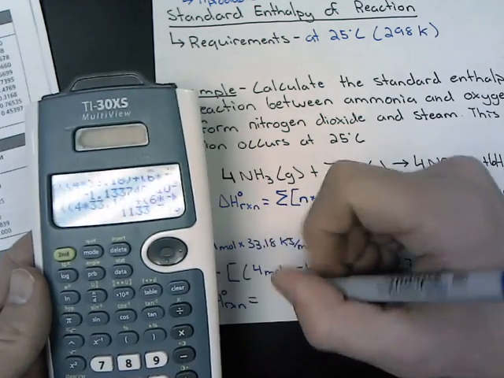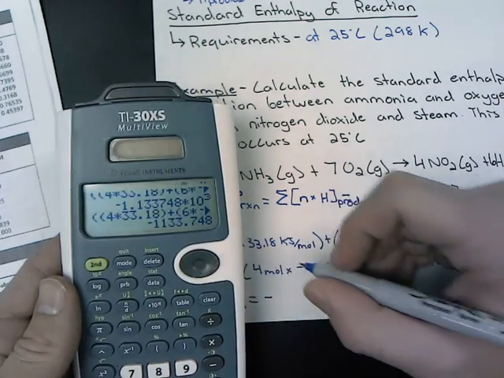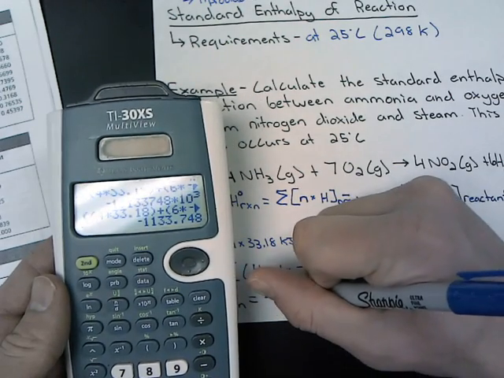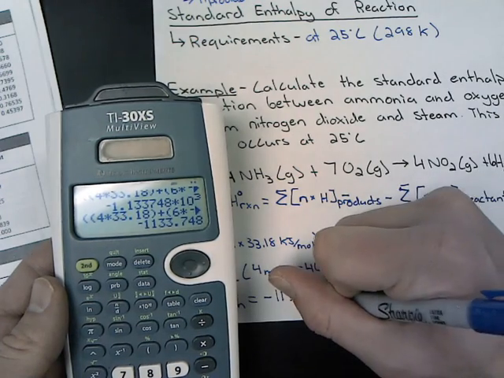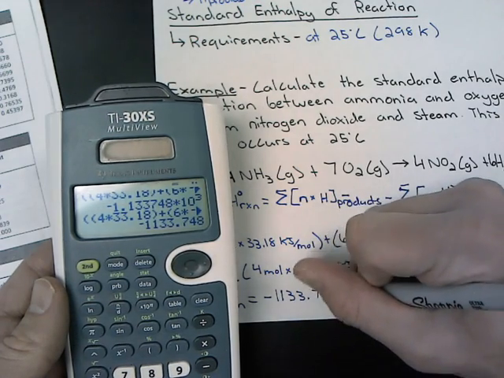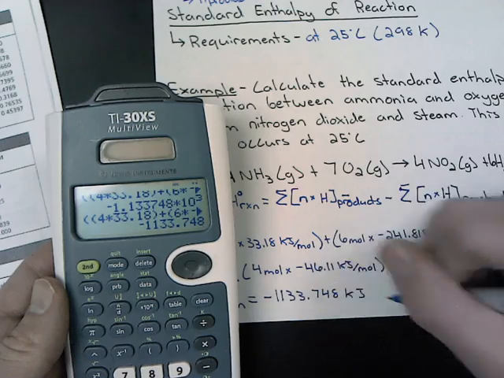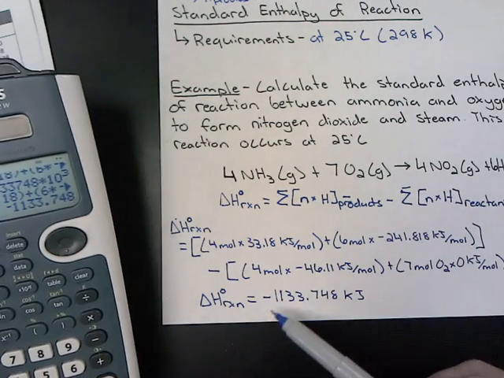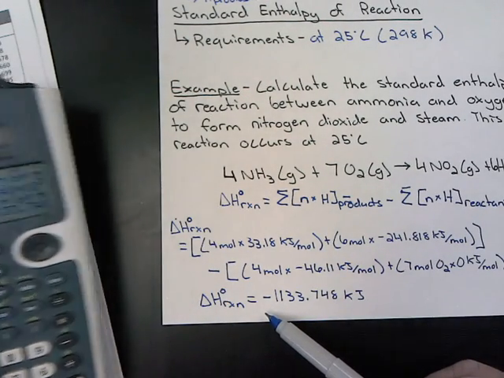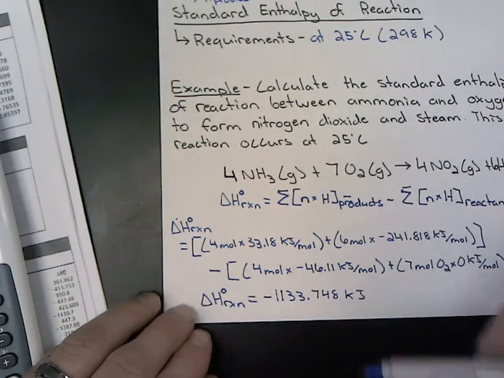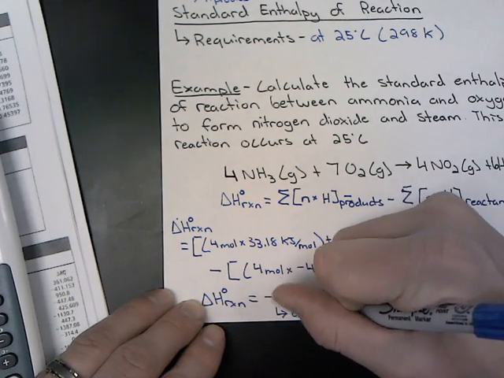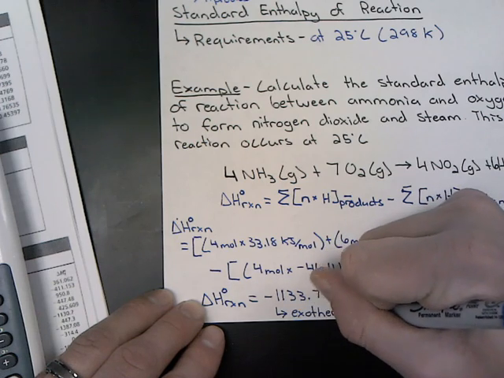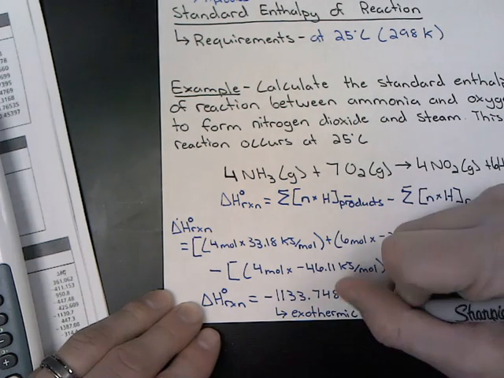So this equals negative 1,013.748 kilojoules. And if we look here, this is the negative delta H. And so what that means is that this is an exothermic reaction.